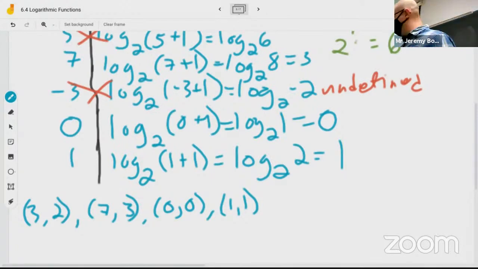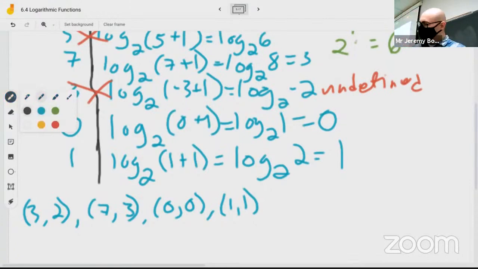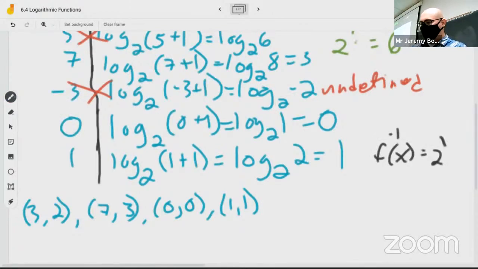I mean, the other way to do it is you could say, well, if that's my function, then its inverse would be 2 to the x plus 1, right?